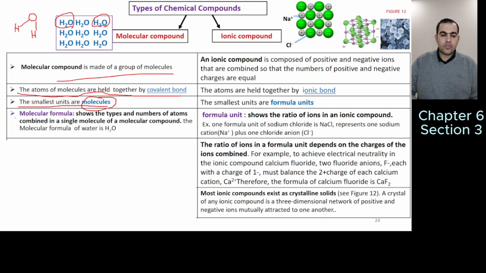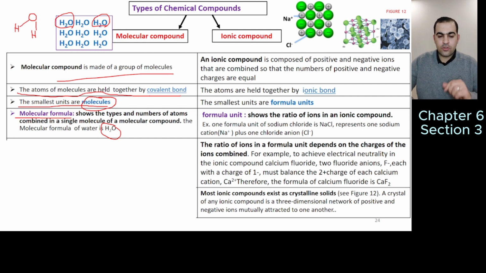And we show the composition of compounds by molecular formula. Molecular formula shows the types and number of atoms combined in a single molecule of a molecular compound. For example, the molecular formula of water is H2O.